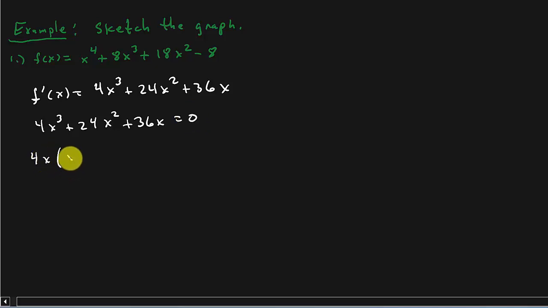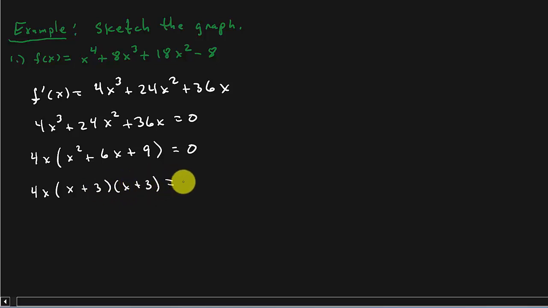I'm going to factor out a 4x, so that's x squared plus 6x plus 9 equals 0. And so I've got 4x times x plus 3 times x plus 3 equals 0.